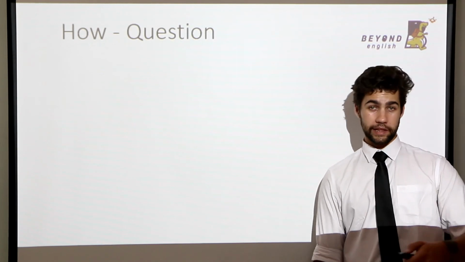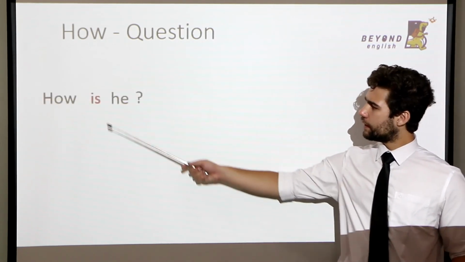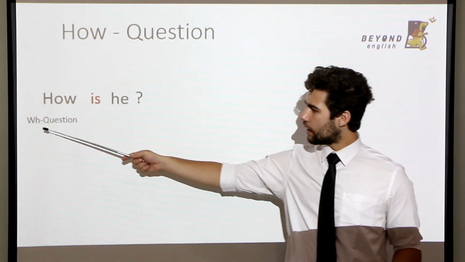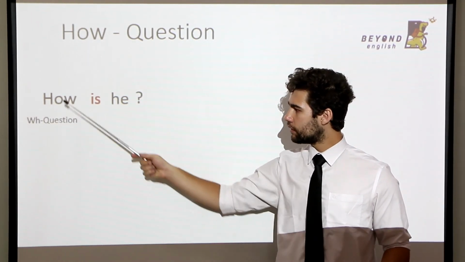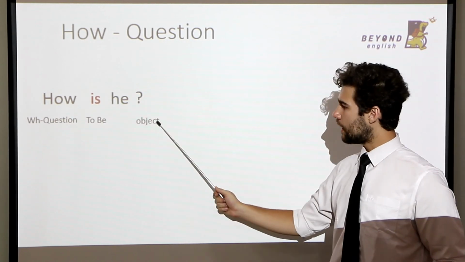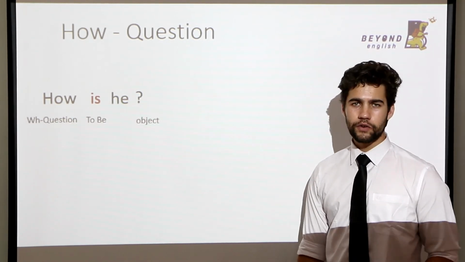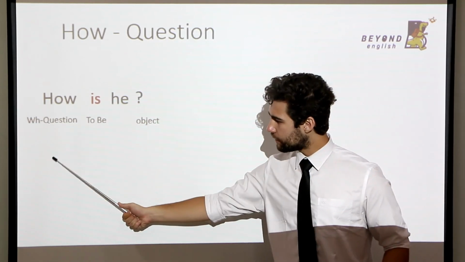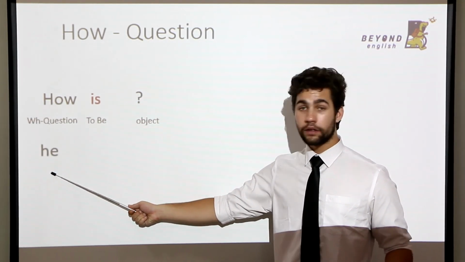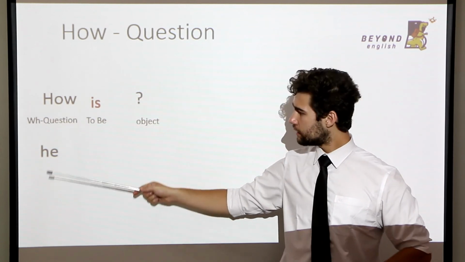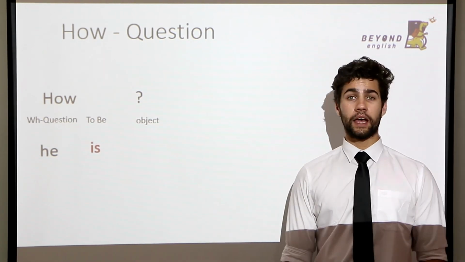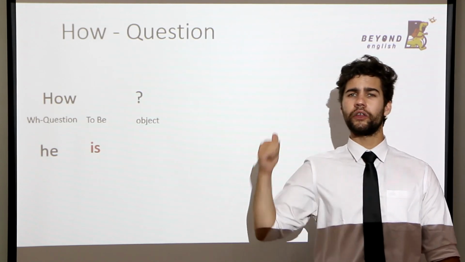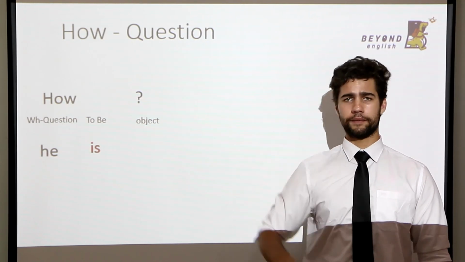How? Let's take a look. How is he? Again, we have our WH question, verb to be, object. And we do the same with our answer. So, object first, he, verb second, is, and then the manner: fast, slow, good, bad.